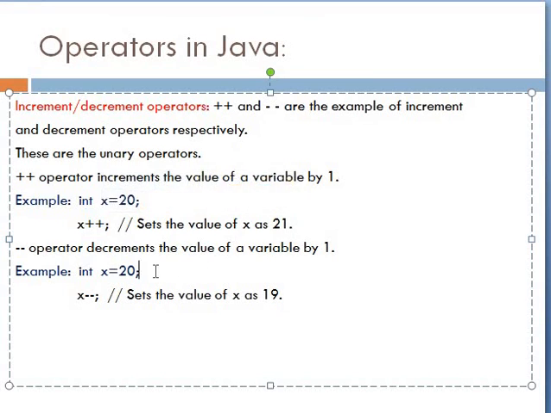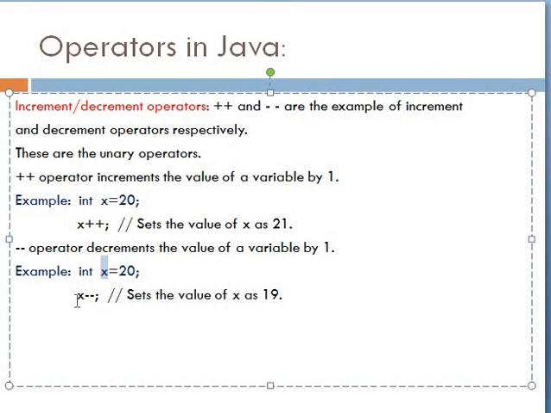In the same way, take the case of this example. Here the variable x of data type int has been assigned the value 20. Then in the next line, using the -- decrement operator, the value of the variable x has been decreased by 1.